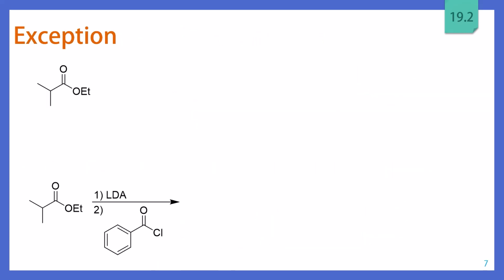So there is one situation in which you could have an ester that would not be able to make an enolate that could proceed forward in a Claisen condensation. And this molecule here is a good example of that. So it only has one alpha hydrogen, which means that it can actually form an enolate. If we were to add in ethoxide, we could deprotonate that and form an enolate, and then we could create our beta-keto ester.